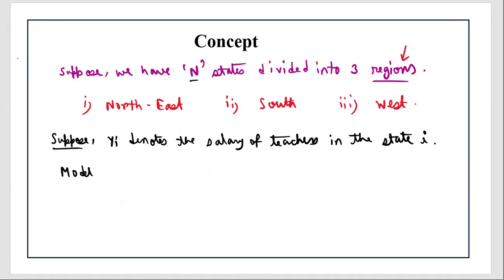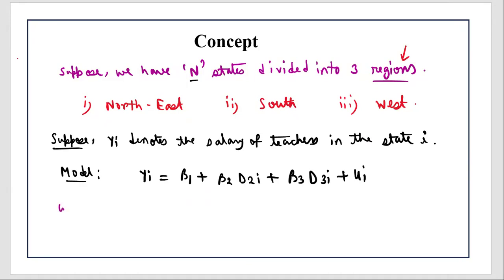Our model looks something like this. Yi is beta 1 plus beta 2, and then we will introduce the dummy variable d2i plus beta 3 d3i plus ui.